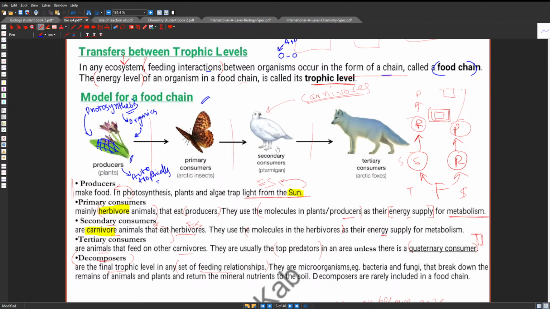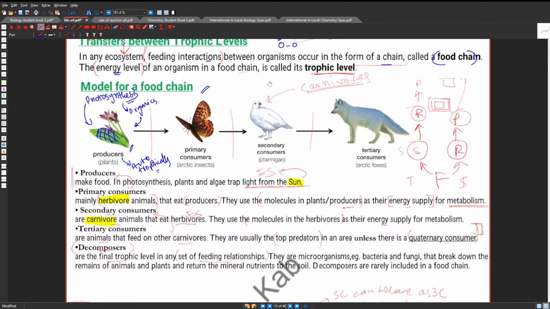So the energy level for organisms in a food chain is called its trophic level. There are different trophic levels depending on how many times those organics have been passed on. This is the first direct transfer of organics from the producer itself to the primary consumer. So you can tell there must be a lot of energy, pure energy, coming from the plant to this primary consumer.